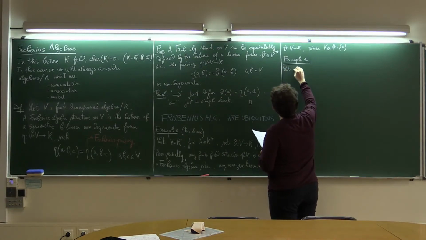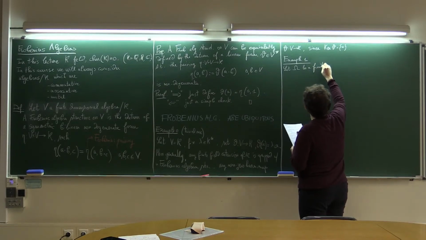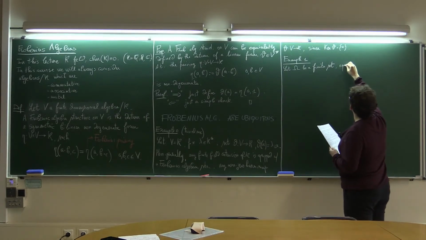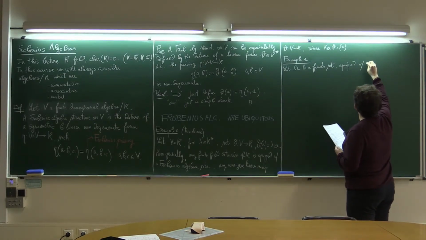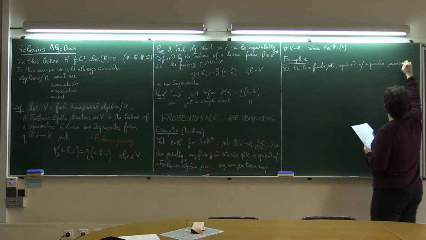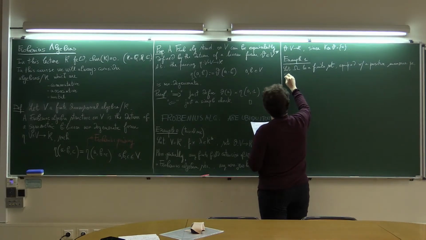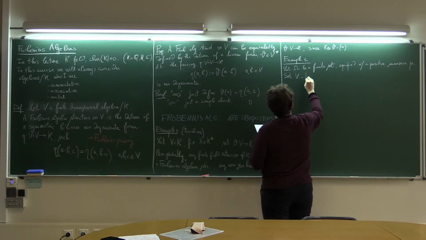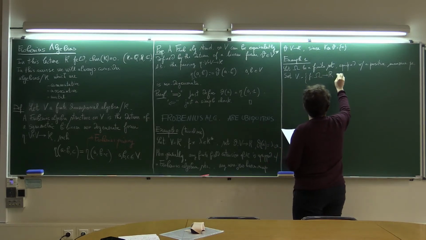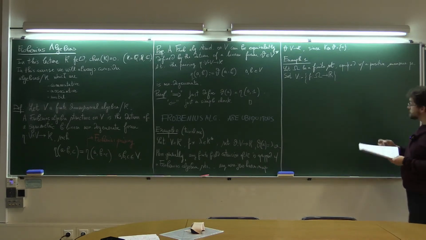So let me consider a finite set omega equipped with a positive measure and set V to be the set of all functions from omega to R. So this example will be a Frobenius algebra over the real numbers.